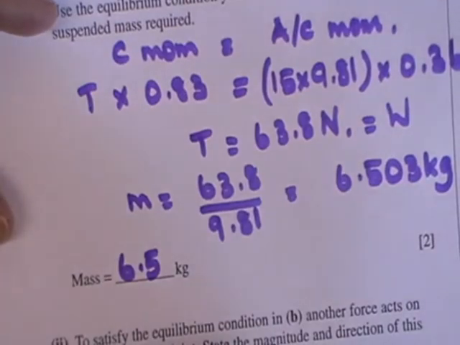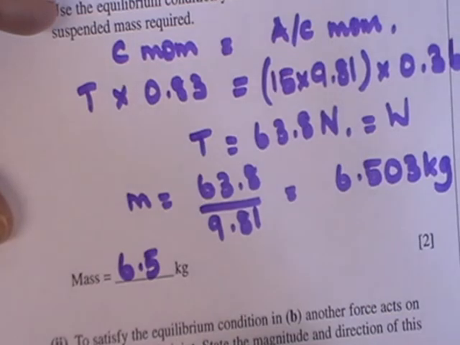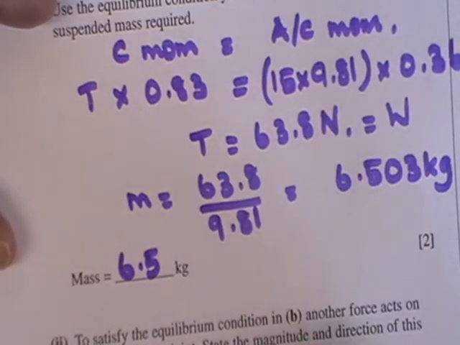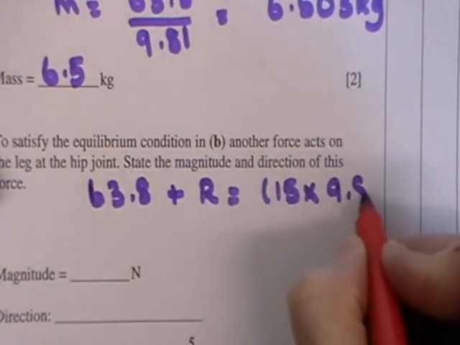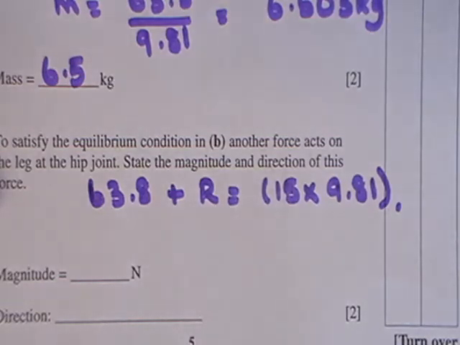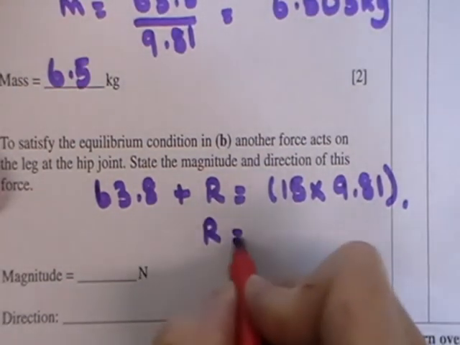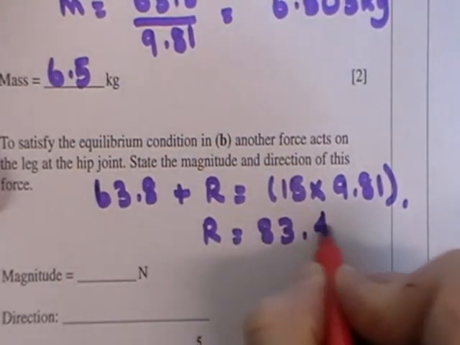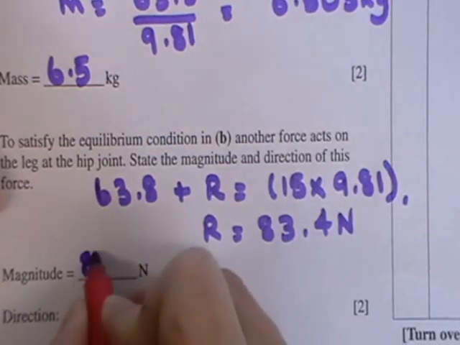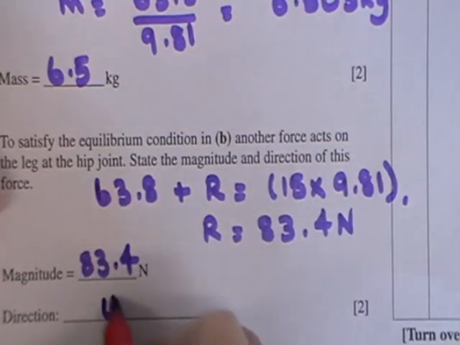So you know that T, which was 63.8, plus that reaction force is equal to the 15 times 9.81. And therefore that reaction force comes out to be 83.4 newtons. And its direction is up.